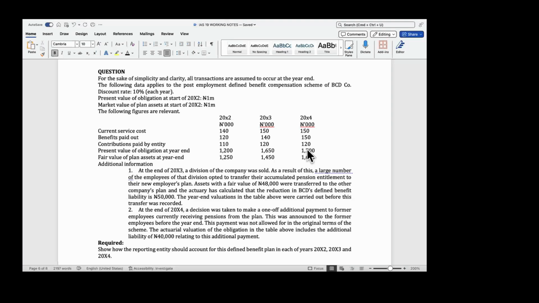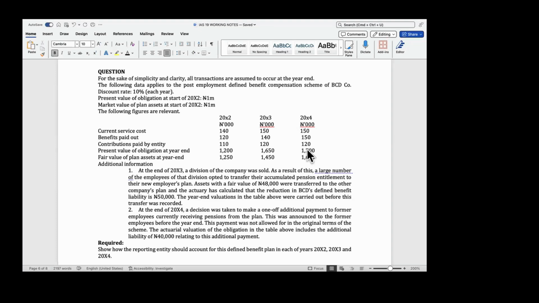Additional information. Number one, at the end of 20X3, a division of the company was sold. As a result of this, a large number of the employees of that division opted to transfer their accumulated pension entitlements to their new employer's plan.